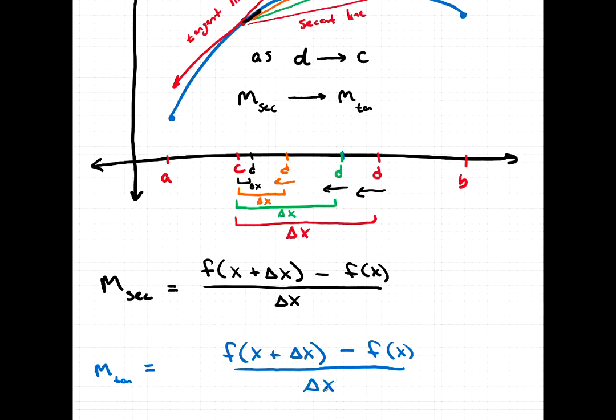The slope of the tangent line is what happens when that distance between C and D gets infinitely small. So as the distance between C and D gets smaller and smaller, the slope of the secant line gets closer and closer to the slope of the tangent line. So we take the limit as the distance between C and D, or delta x, goes to 0. And so there's our connection between the slope of the secant line and the slope of the tangent line.